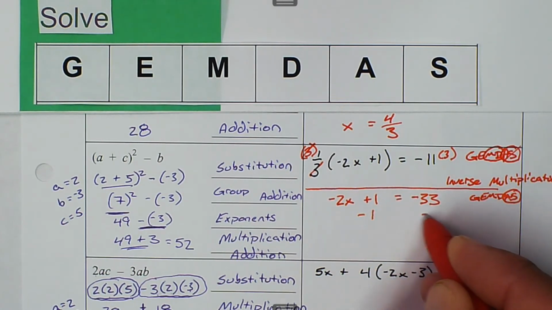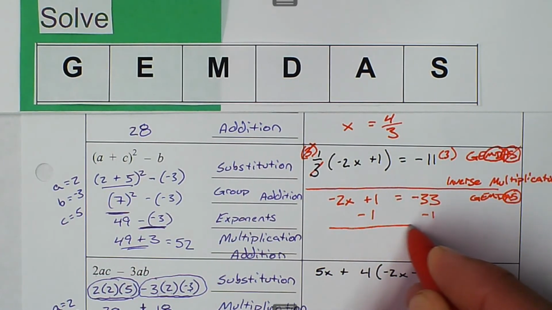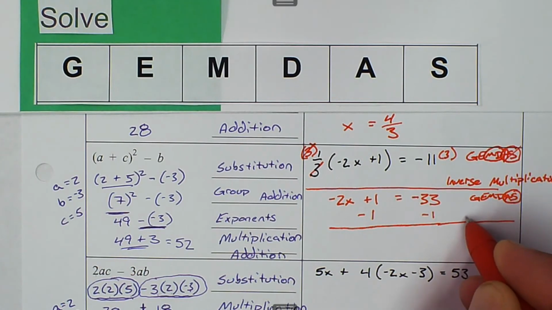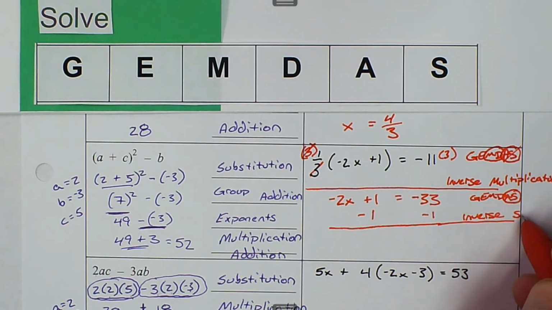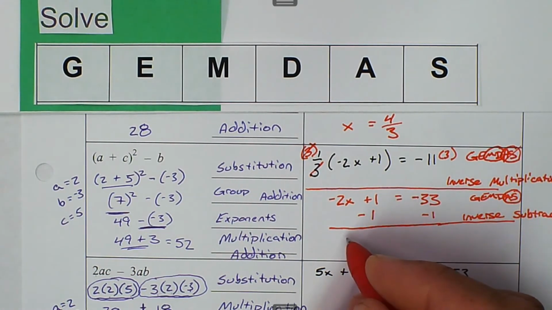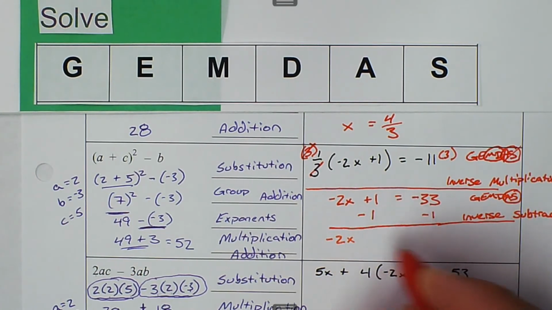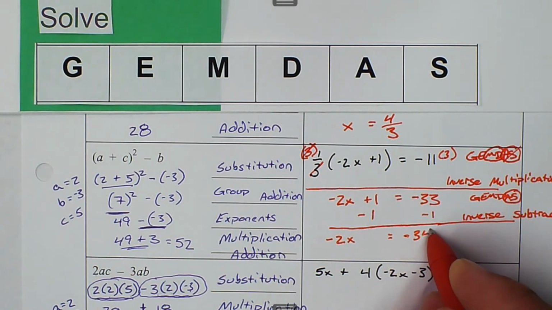So the inverse of addition is subtraction. And then we get negative 2x is equal to negative 33 minus a negative, so we add them together and keep the sign. Keep the sign so I know it's going to stay negative. 33 plus 1 is 34.